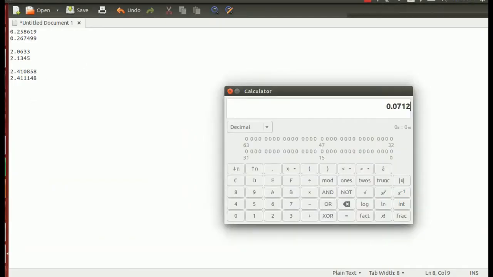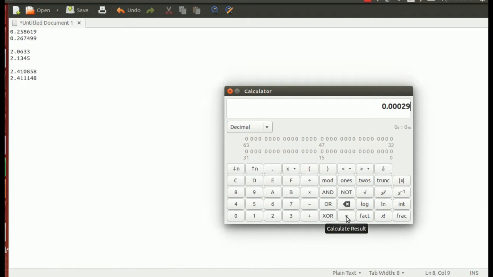Okay, so the total delay offered by the timer in mode 2 is 2.41148 minus 2.410858. So that gives us 0.00029 seconds or 0.29 milliseconds.